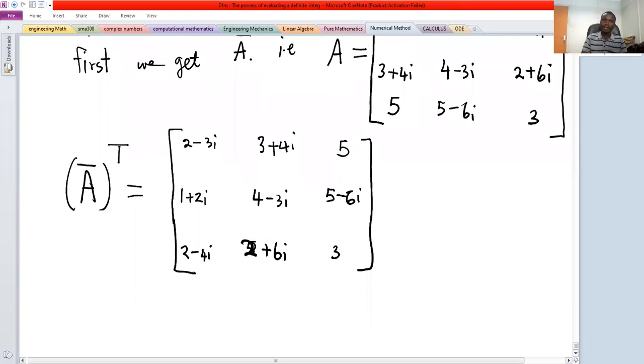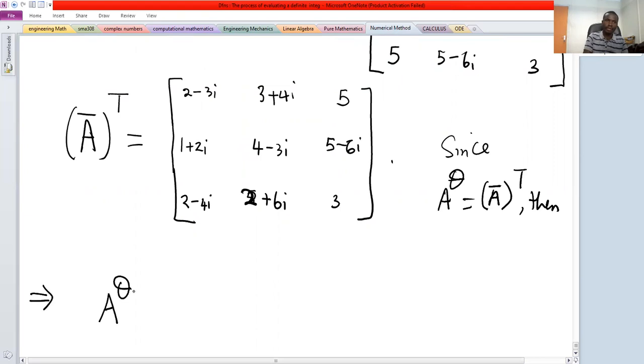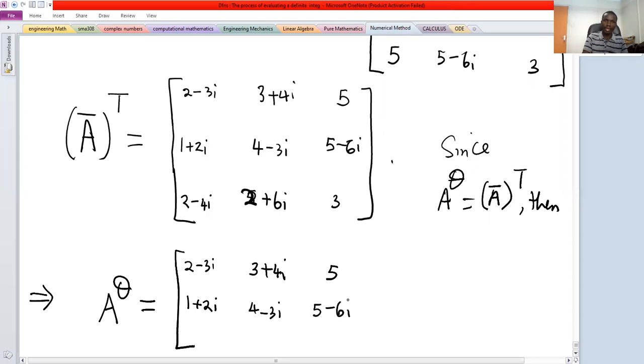Since A power theta is equal to A conjugate transpose, this implies that A power theta for this problem is the matrix 2 minus 3i, 3 plus 4i, 5, 1 plus 2i, 4 minus 3i, 5 minus 6i, 2 minus 4i, 2 plus 6i, and then 3.